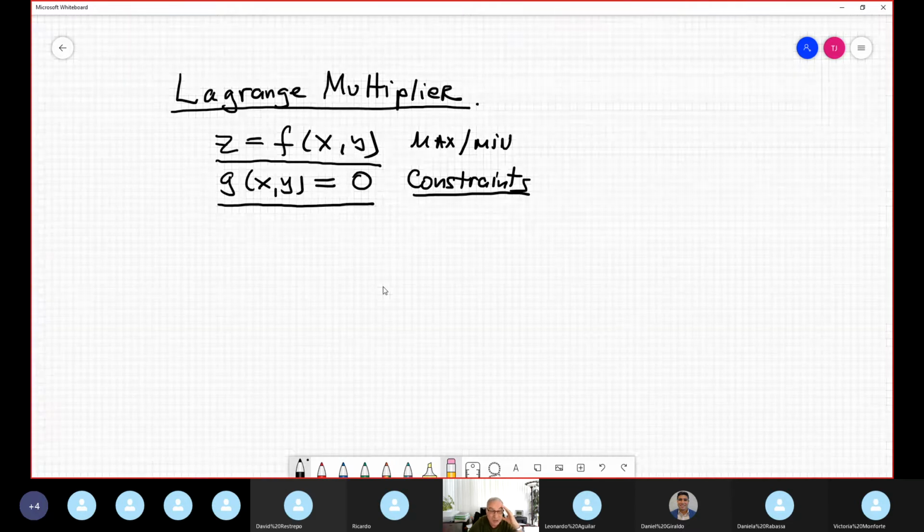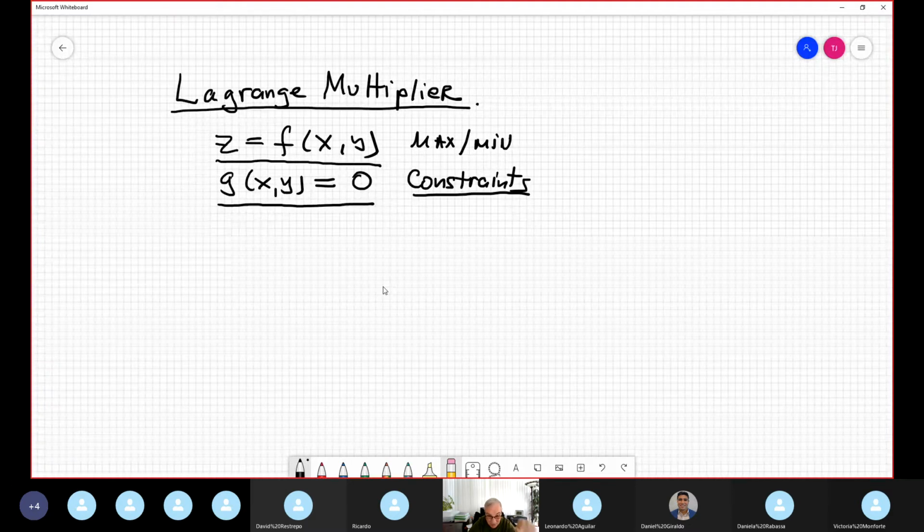Let me try to explain. This is a completely different idea. It's amazing, in my opinion. Lagrange multiplier. Look, suppose we have a function. This function is a surface like that.